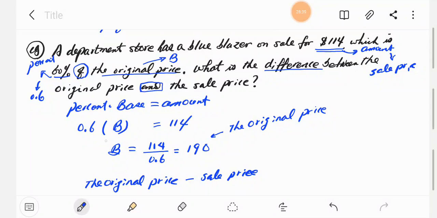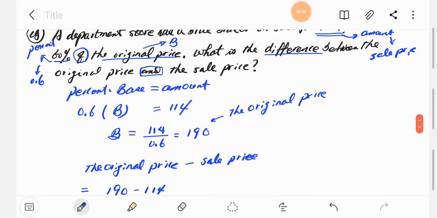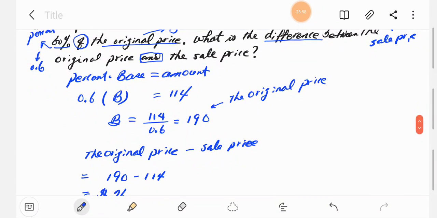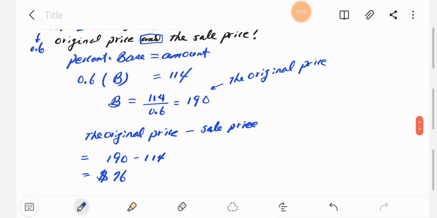So write 114 equals 60% times the original price, B. You have to convert the 60% into decimal, which is 0.6, and then find the original price. Once you find the original price, then find the difference. Okay, that's it for this section. Then please try solving the questions in the exercise.